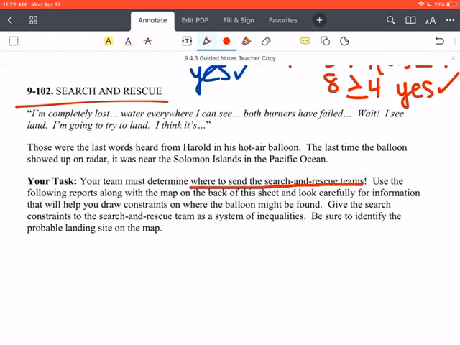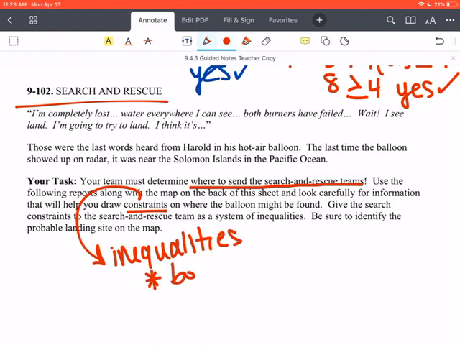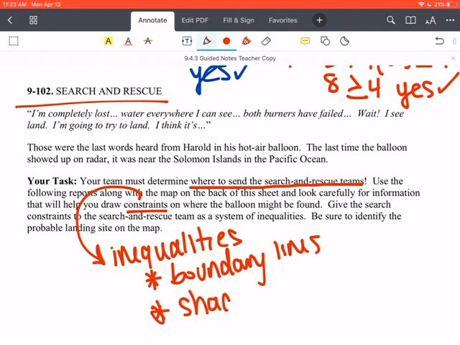Use the following reports on the next page of the note sheet and look carefully for information that can help us draw constraints. Whenever you see that word, constraints, that's a synonym for inequalities. So we are thinking about 2 things: boundary lines, and shading regions.